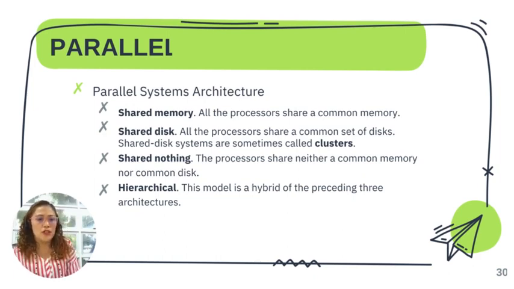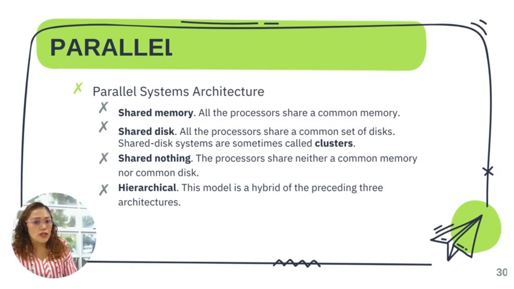So you have your parallel system architectures: shared memory, shared disks, shared nothing, or hierarchical. Number one type is shared memory. All the processors share a common memory. So nakaisa ka memory for all the processors in your parallel systems.